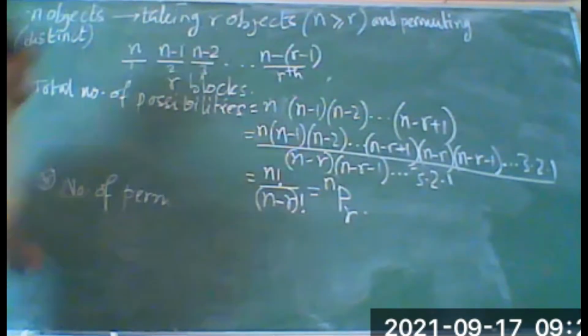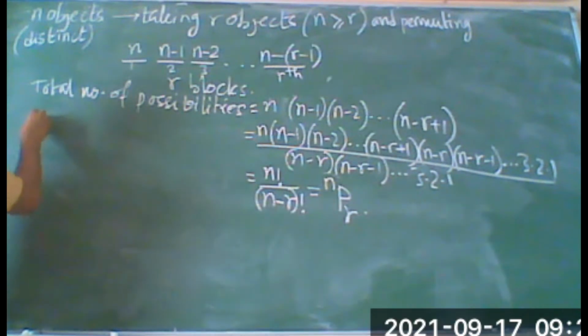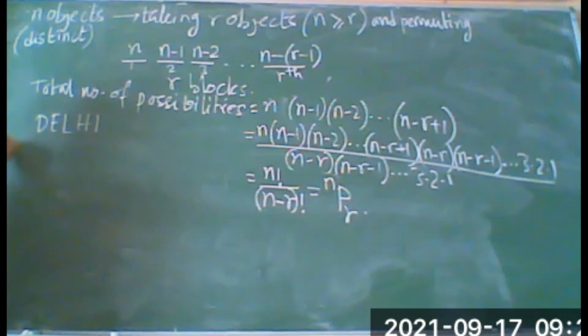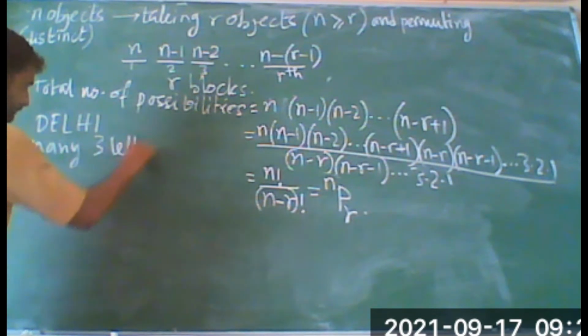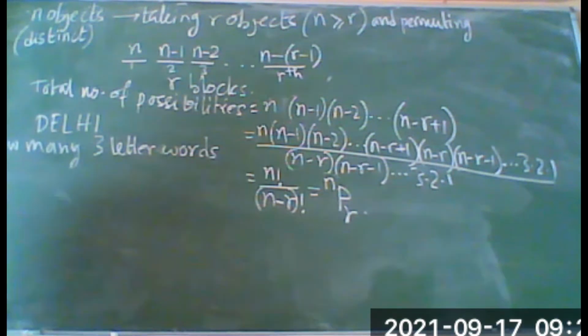Now, what is the meaning of this? Say I'm giving you the word Delhi. How many three-letter words can you form from these 5 letters, the letters of the word Delhi? There are 5 letters given and we are taking 3 letters and permuting.